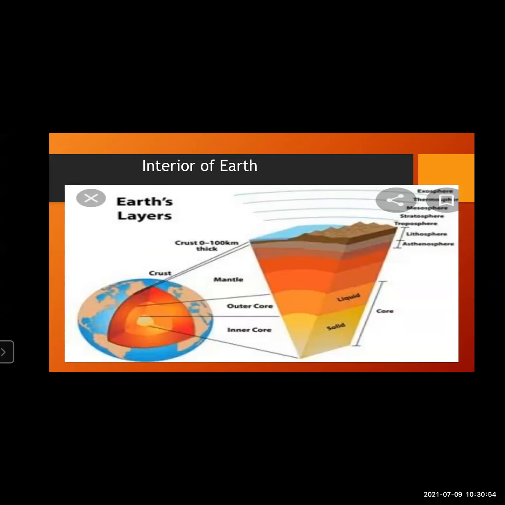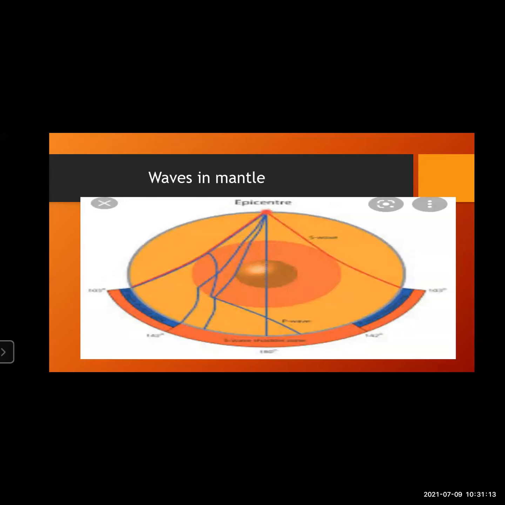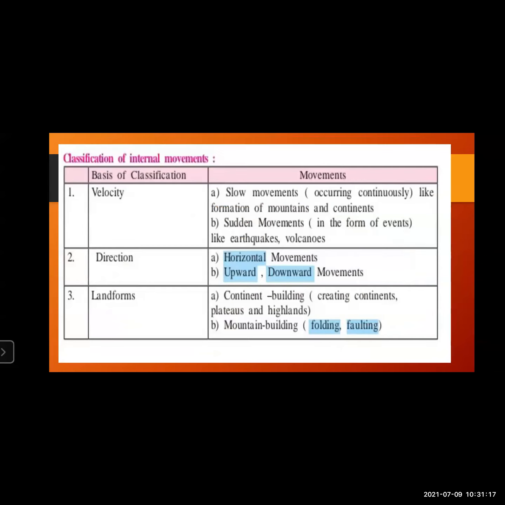These waves come and dash on the tectonic plates, collide with each other, and that is how the earth's surface starts shaking, and because of that earthquakes occur, and when it erupts, the volcanic eruption takes place. This is related with the waves I have told you just now.